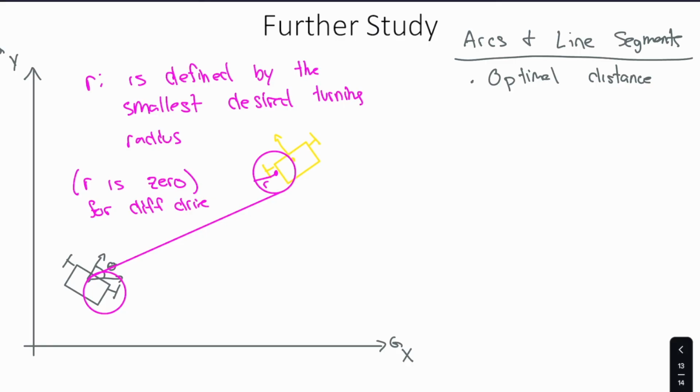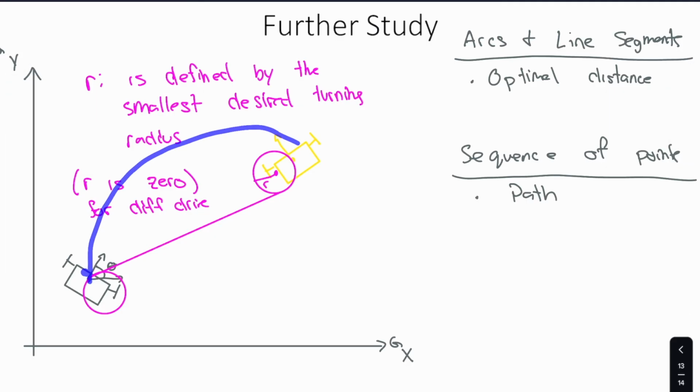The final version of control I'll give you is a sequence of points. You could also consider this a path, so instead of just having an arc that you're defining, or having our circles, or doing our rotate in place, go straight and then rotate again, here you're actually going to define a sequence of points.